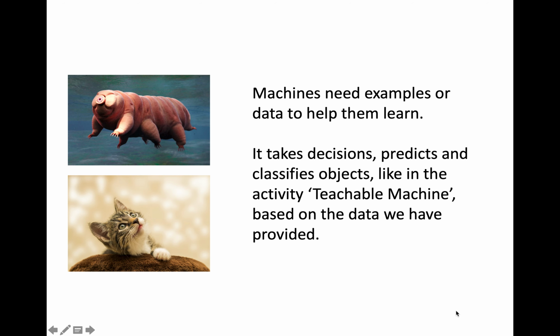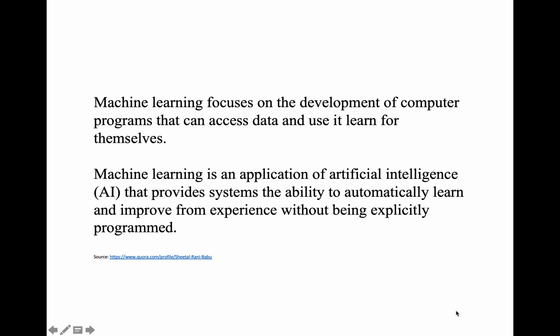So, what is machine learning? Machine learning is a development of computer programs that can access data and use it to learn for themselves. We can also say that machine learning is an application of artificial intelligence that provides systems the ability to automatically learn and improve from experience without being explicitly programmed.